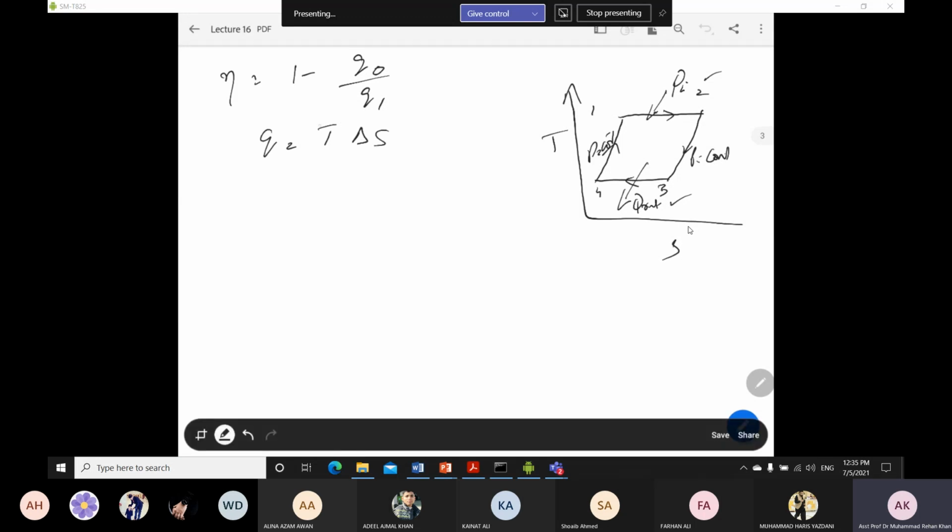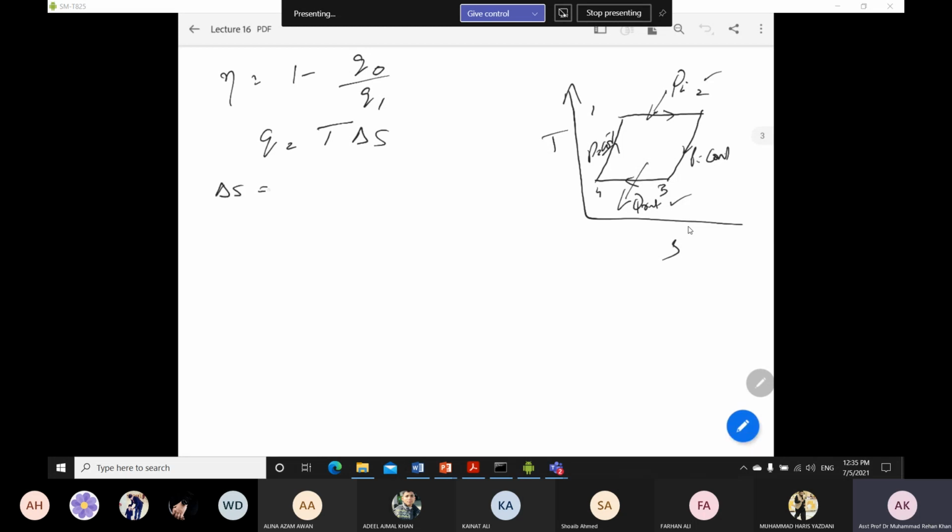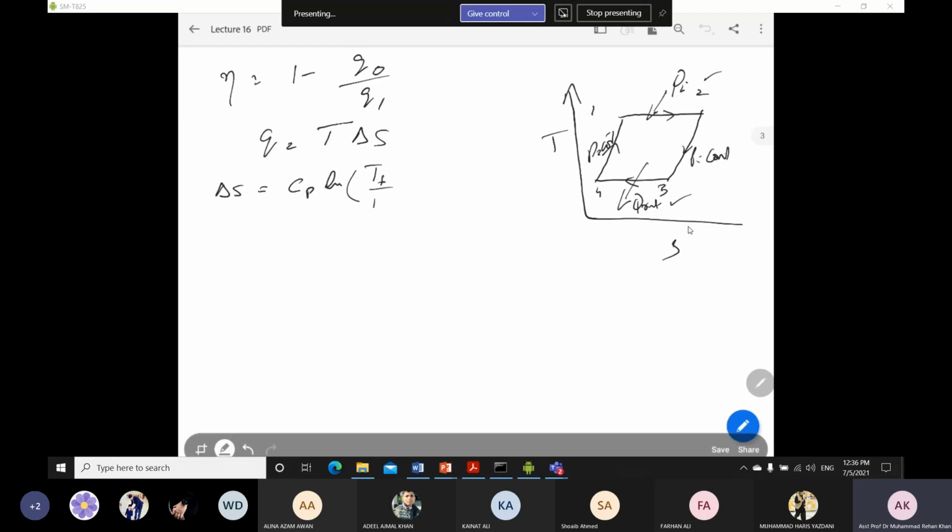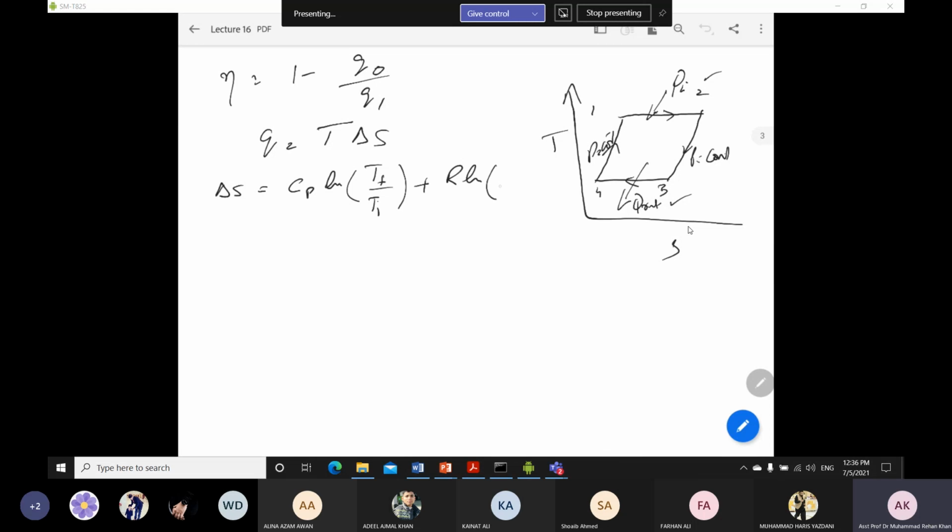So from equations 7-31 and 7-32, which I already told you, and which are valid for isothermal processes, we can say that delta S is equal to Cp log of T final over T initial minus the gas constant R log of P final over P initial.